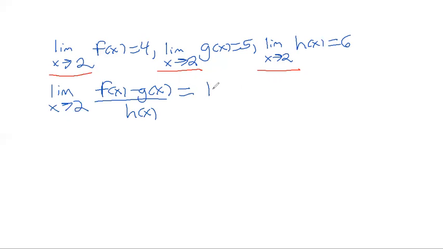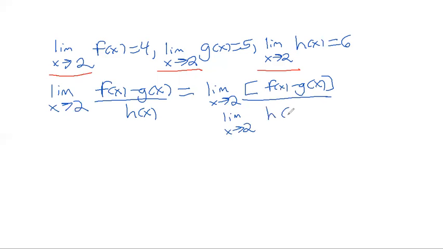So first off, the limit as x approaches 2 for f of x minus g of x over the limit as x approaches 2 for h of x equals, I'm going to move it down here.